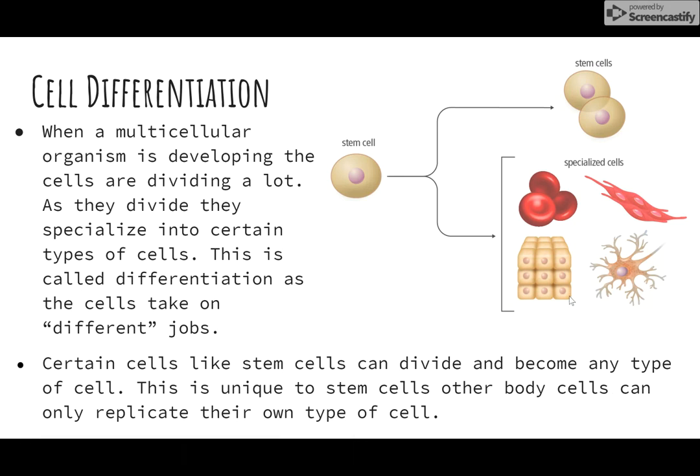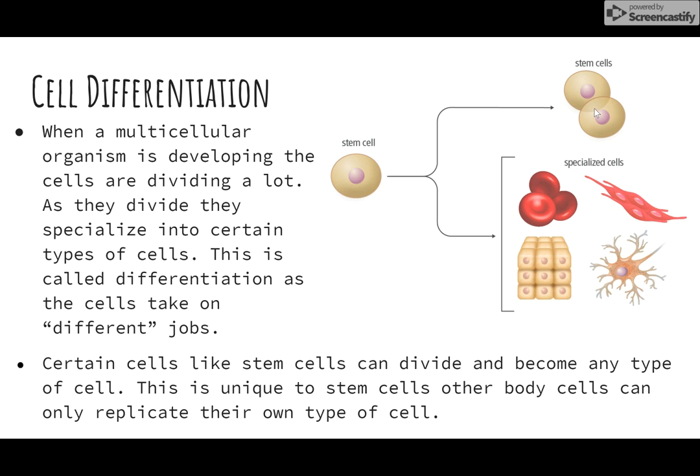And what we found is that as certain cells divide, they can actually turn on certain genes and become certain types of cells. And those cells that can divide and become different types are called stem cells. Stem cells can become specialized cells, or when they divide, they can continue to be stem cells.